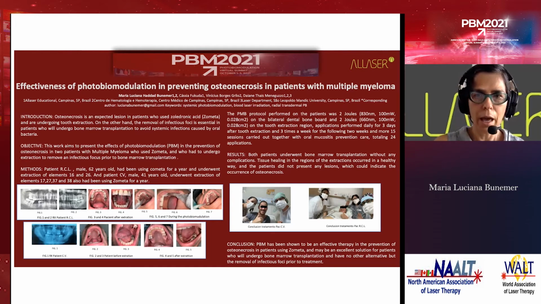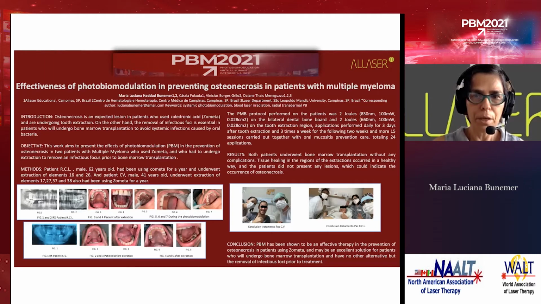This work aims to present the effects of photobiomodulation in preventing osteonecrosis in 2 patients with multiple myeloma who used Zometa and who had to undergo extraction prior to bone marrow transplantation.